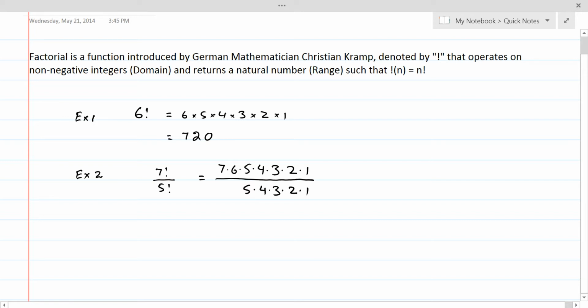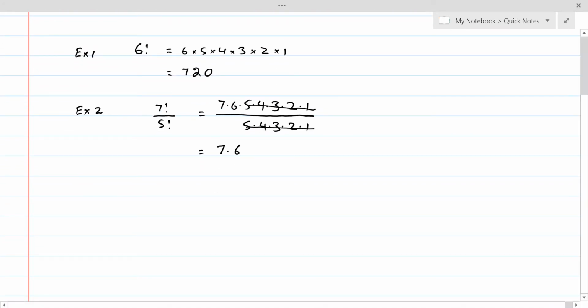And you can see that we can cancel out 5 up to 1 in the numerator and denominator. What leaves us behind is 7 times 6, and that would be equal to 42. So this is equal to the value of 7 factorial over 5 factorial.